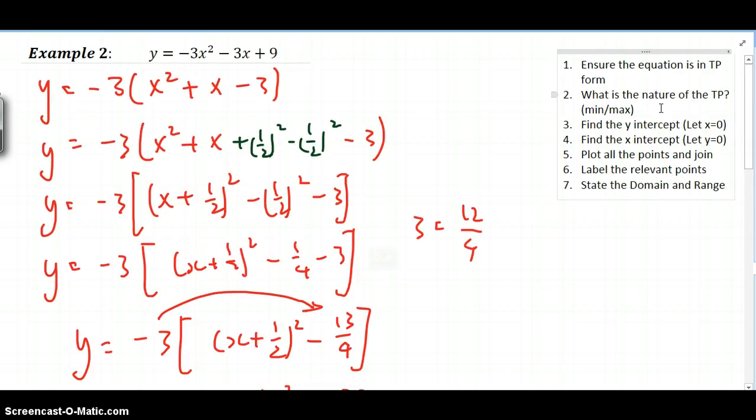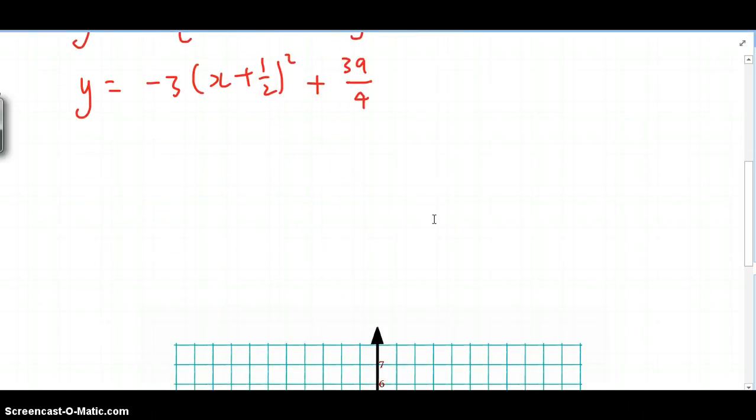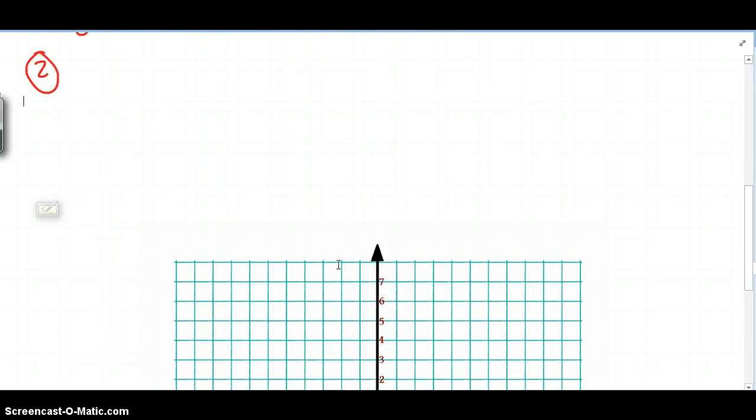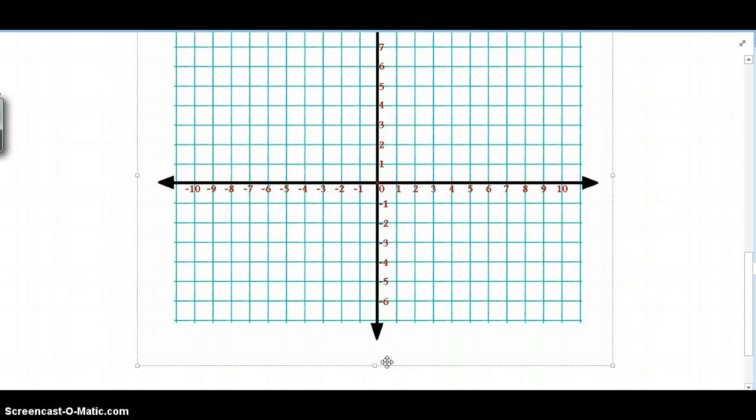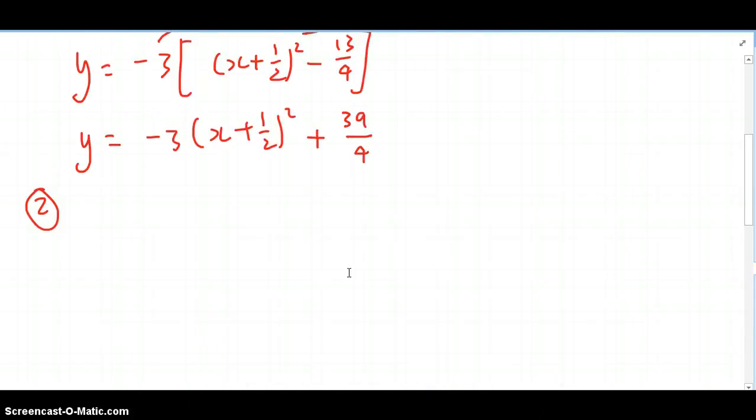From here, the next step is, what is the nature of this turning point? So question 2 is asking, what is the nature of this turning point? I'm just going to move this graph down because we're about to run out of space. So the nature of this turning point is that we look at the sign of the value for a, and in this case the sign is negative.